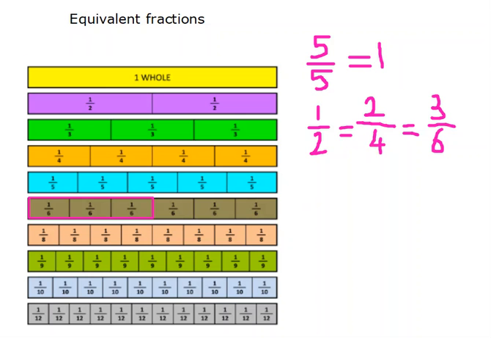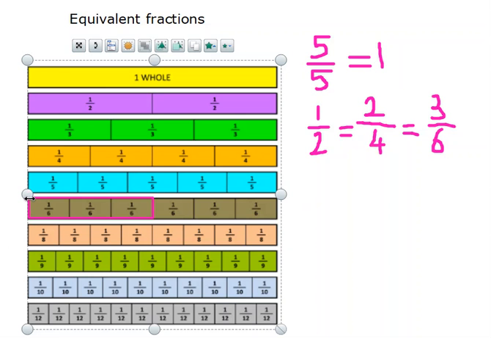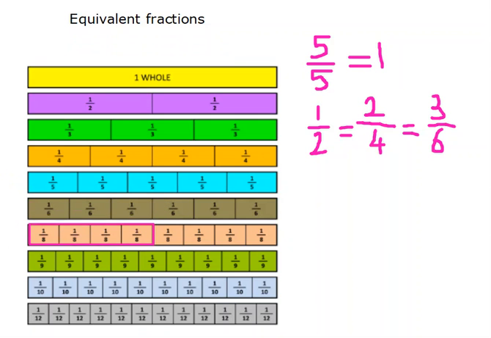And I bet it would also be equal to 4 over 8, not anything over 9, 5 out of 10, and I think that is 6 out of 12. So we've used the bar model to find out that all of these are equivalent fractions.